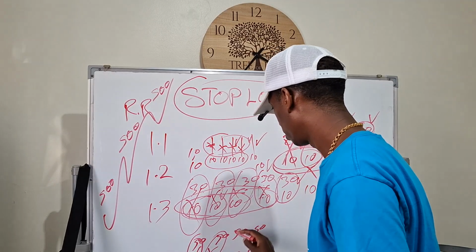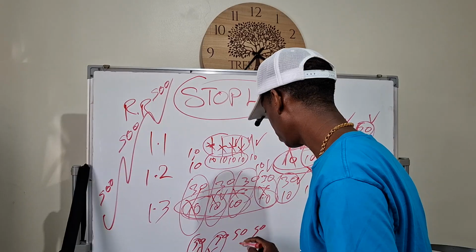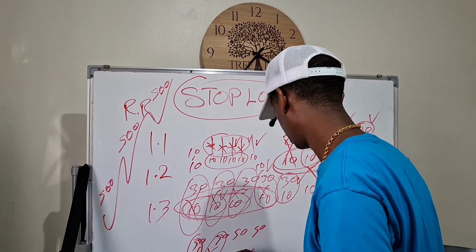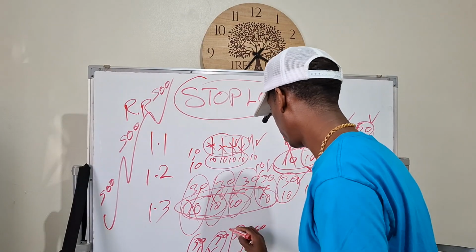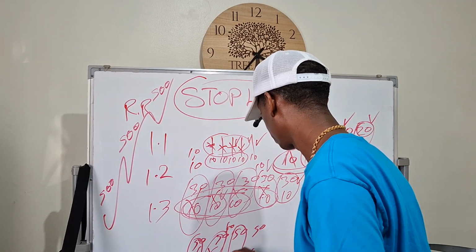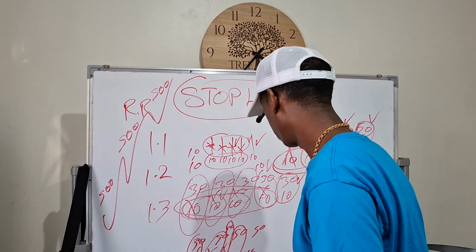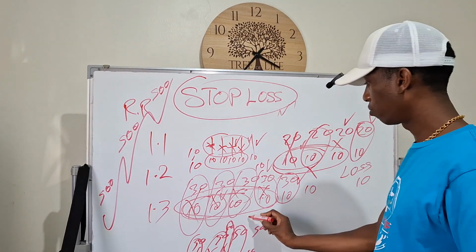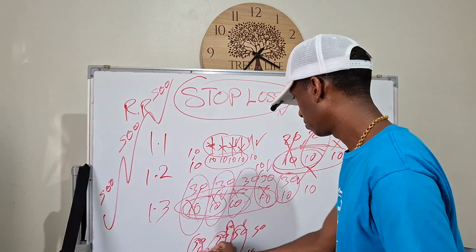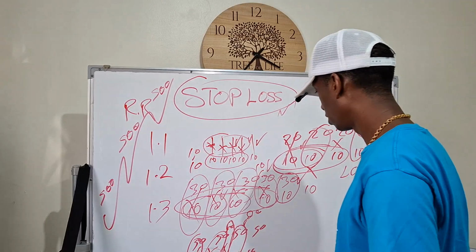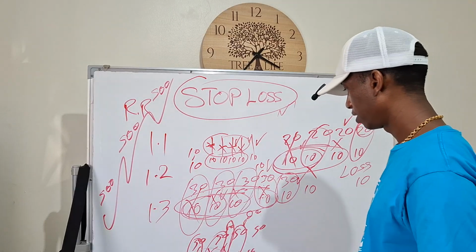If we lose this one, win this one, I'll mix up this thing here a little bit. Alright. So if we lose this one here, in the middle, if we lose this one and we win this one, we still $20. We're still in profit. We're still in net profit overall.